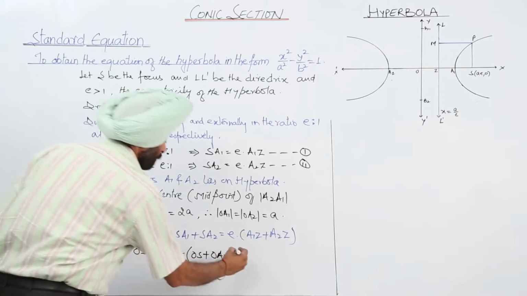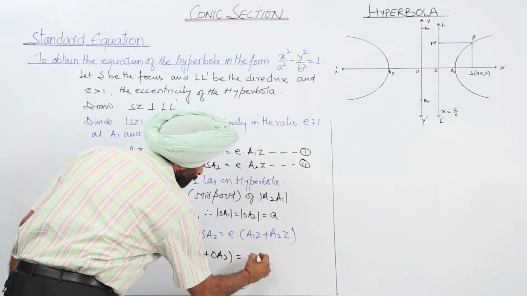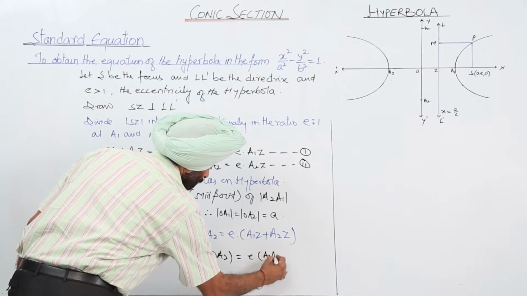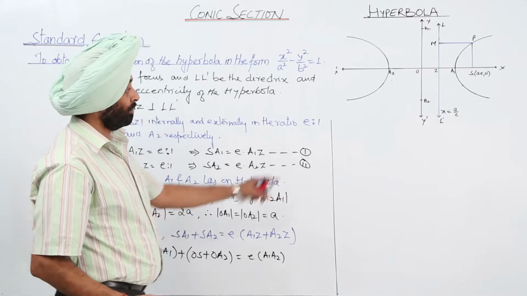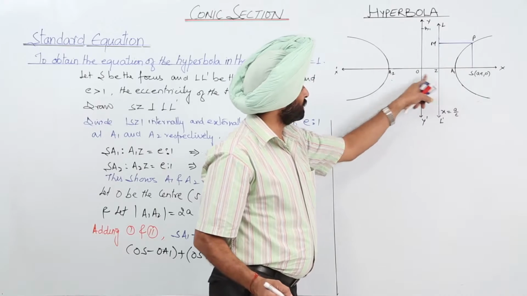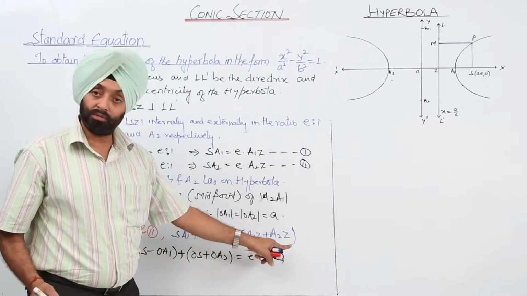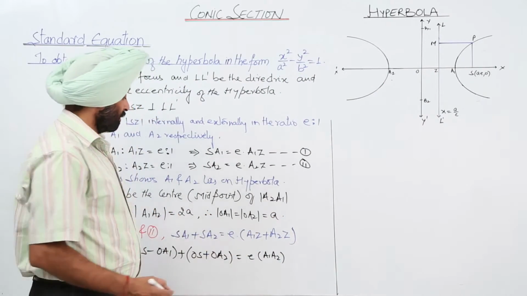And this becomes e times A1A2, since A1 to Z and Z to A2 gives A1A2.